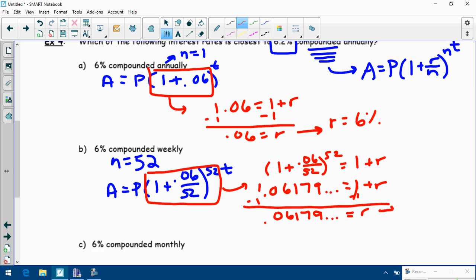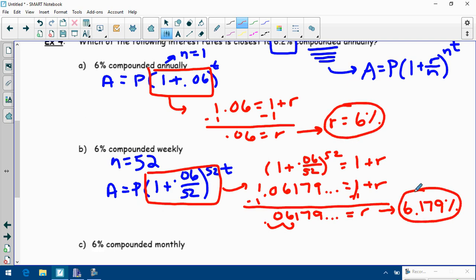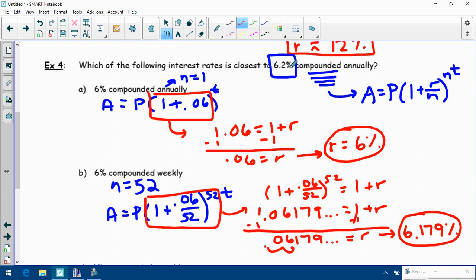So this gives me a percent rate about, move the decimal place, 6.179%. Okay, so for part A, we got 6%. This one we have 6.179%. We're looking for which one's closest to 6.2. So at this point, 6.179, closest to 6.2.